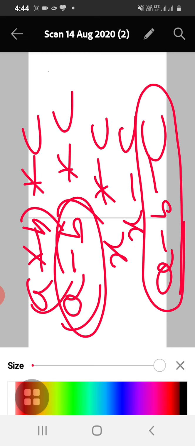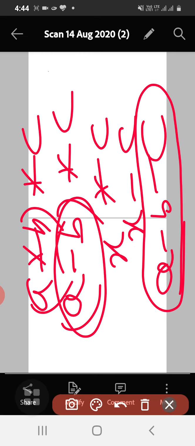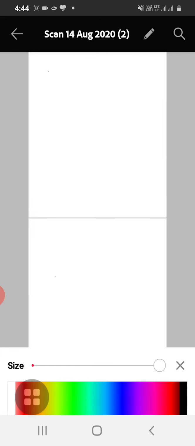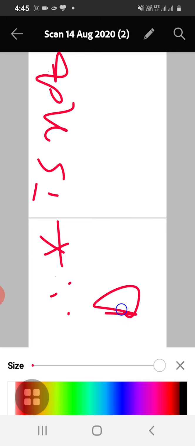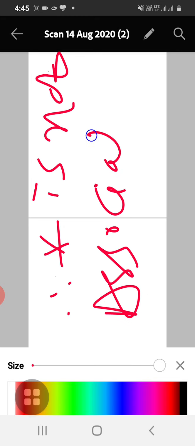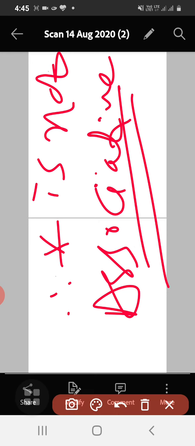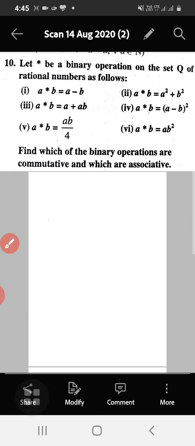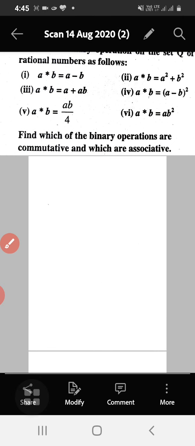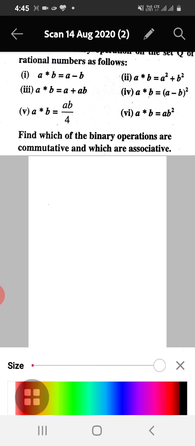What must be our conclusion? Therefore, star is not associative. So the first problem is completed, and I have worked out the fifth one here.